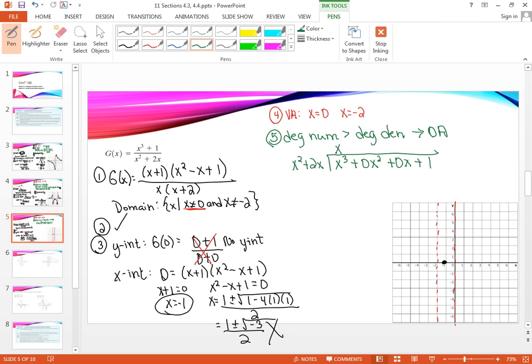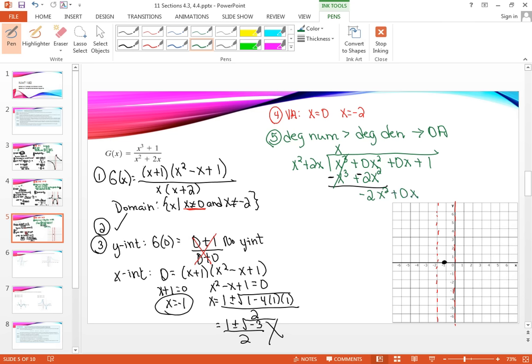I multiply x times x squared is x to the third. X times 2x is plus 2x. I subtract. I change the signs. So 0x squared minus 2x squared, sorry, I forgot my squared. And then I bring down the plus 0x.